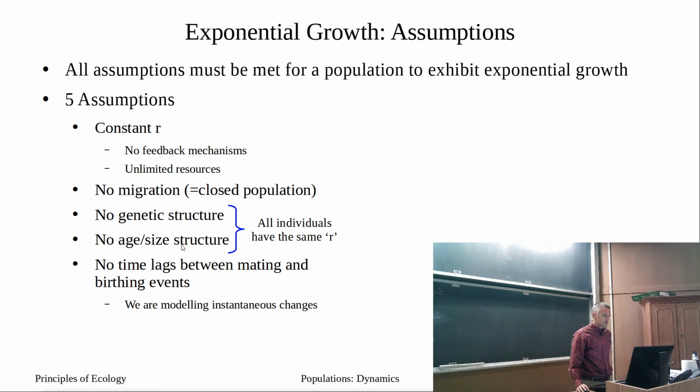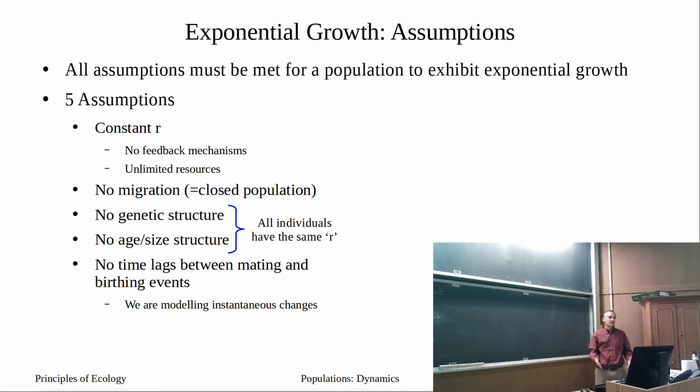And then our last assumption, time lags. We can't have time lags between our mating and birthing events. We're modeling an instantaneous change. That instantaneous change says that at this exact moment, this is how our population changes, and the population changes because of births and deaths. We can't say that at this exact time period we're going to see some change because we'll have a bunch of births.